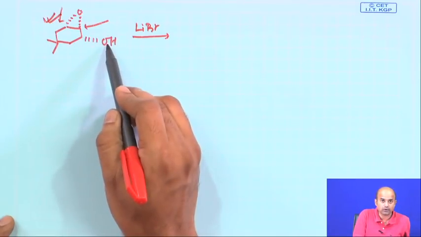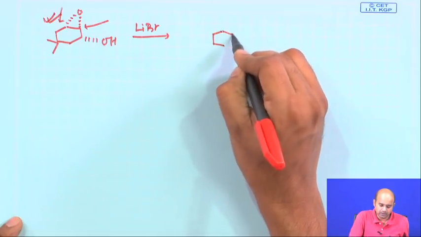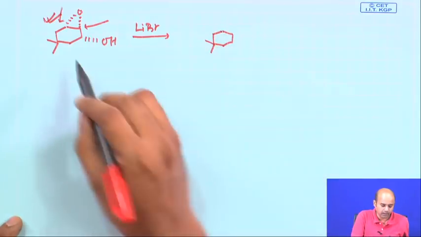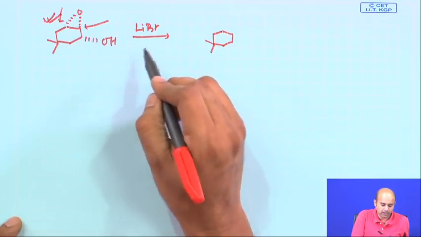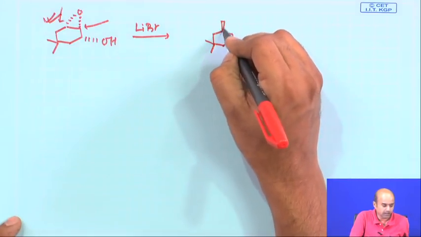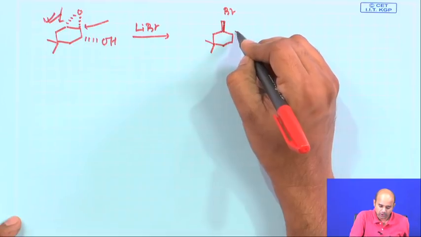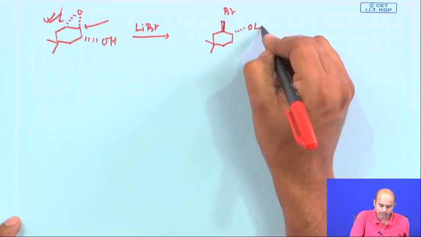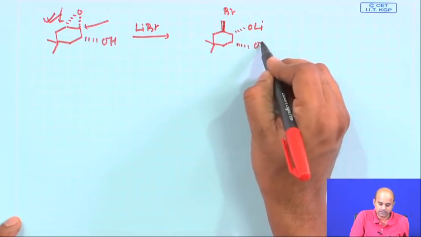This side you have a hydroxy group. So, this side the epoxide is below, so Br minus, the nucleophile, will attack from the opposite face. Opposite face attack means Br will be above. Opening of the epoxide, you will get the OLi and this stereochemistry is now OH.